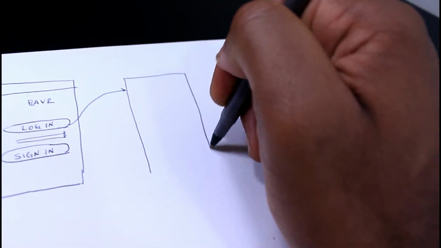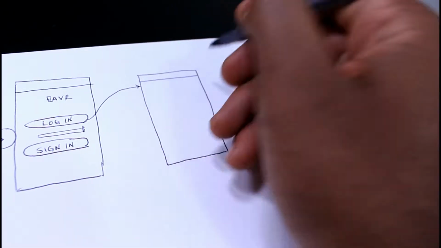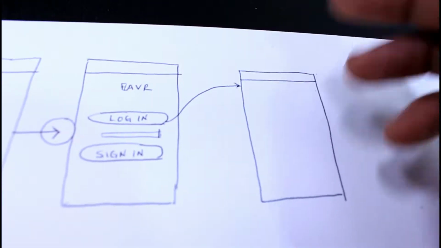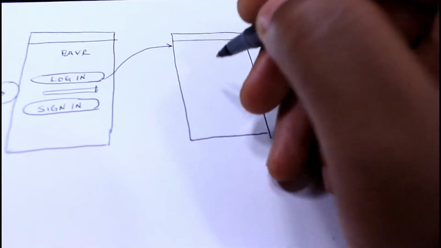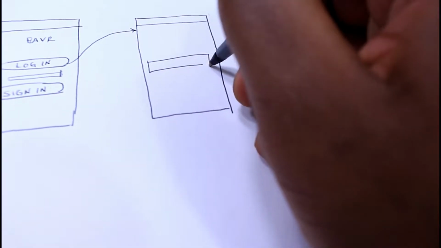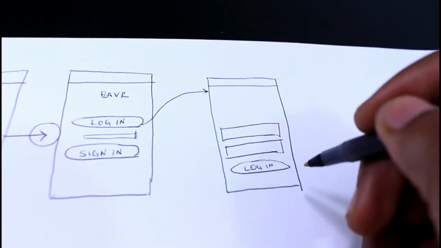Just bear with me, my shaky hands and the shaky camera. So this is the login view controller that has the username text field here, and the password text field, and also has the login button, right?